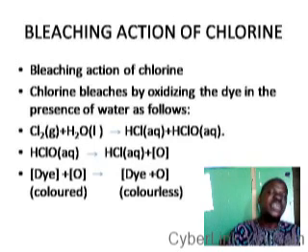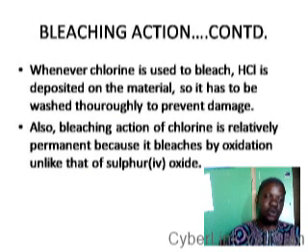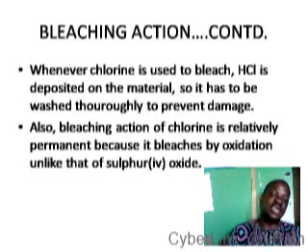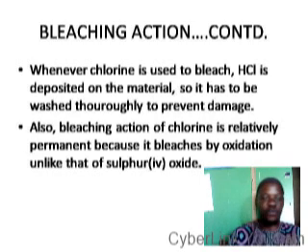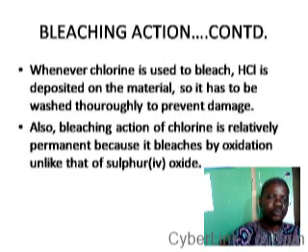And because of that, the bleaching action of chlorine lasts long, because it has added an oxygen atom to the dye. To remove that oxygen atom is not as easy compared to sulfur oxide, which takes away oxygen atom from the dye, which can easily recapture the oxygen atom from the atmosphere. So the bleaching action of chlorine is relatively permanent compared to that of sulfur oxide.